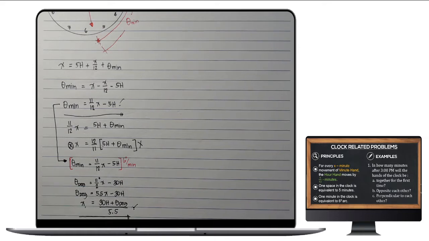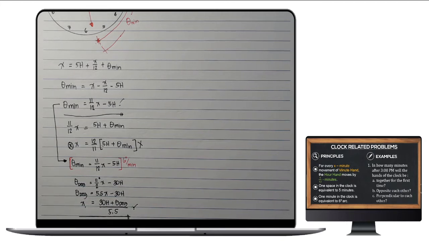So, that is our x, which happens to be what we use on most problems. So, for problems such as at what time will the hands of the clock be at some angle, whatever that angle is, use this formula.